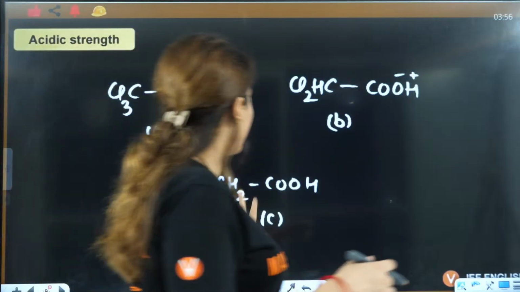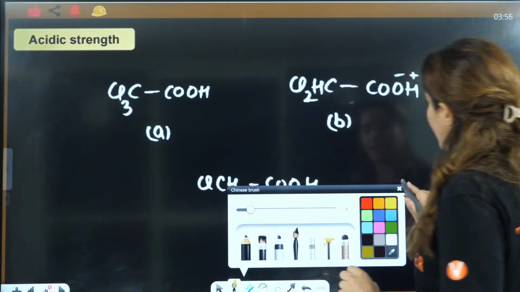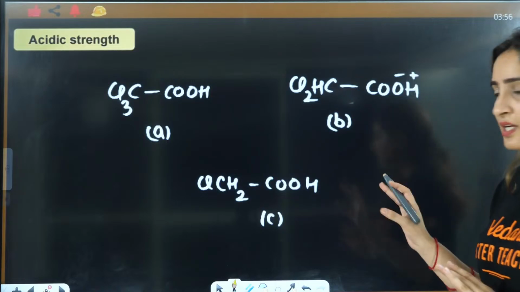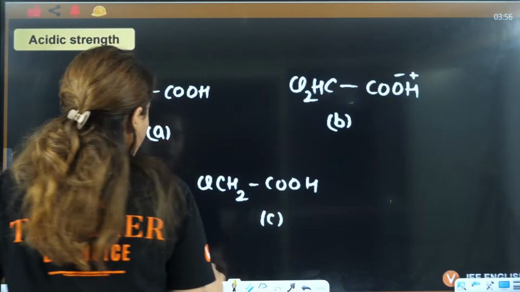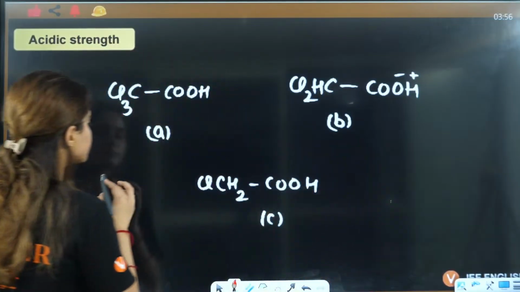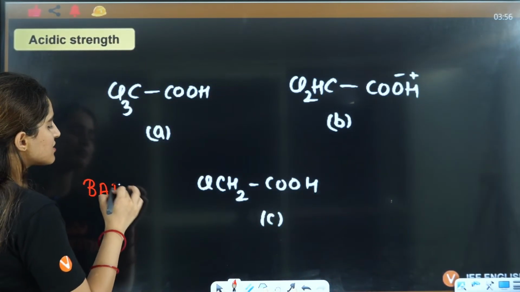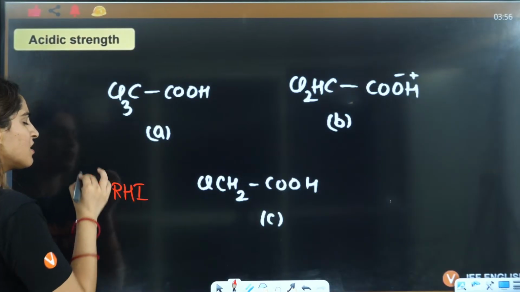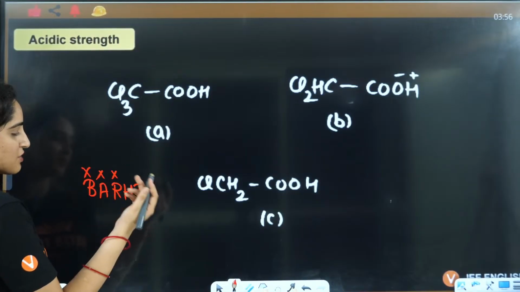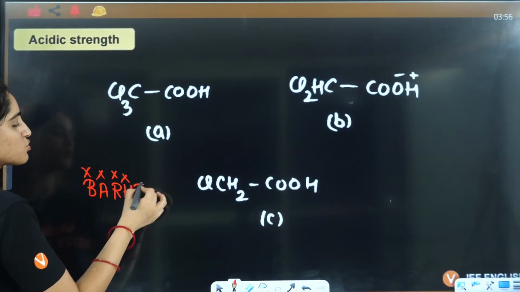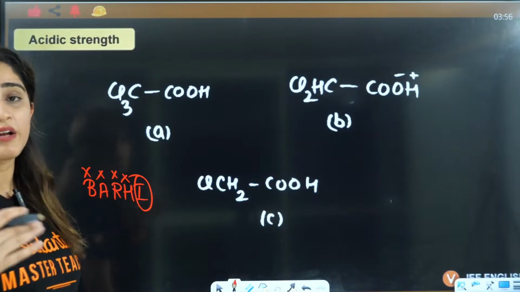Now, these kinds of questions are what you see the most and they are very easy to do. This we have done in inductive effect as well, right? In these kinds of questions, bag bonding is not applied, aromaticity is not applied, resonance is not applied, hyperconjugation is not applied. Here, you answer based on inductive effect.